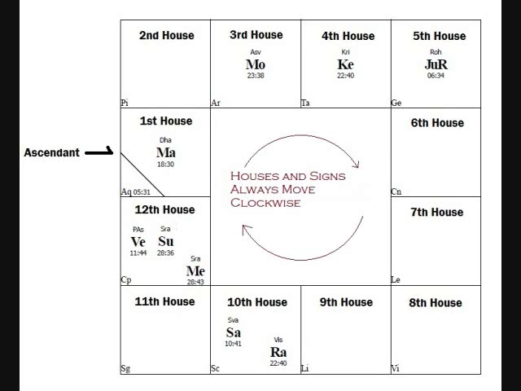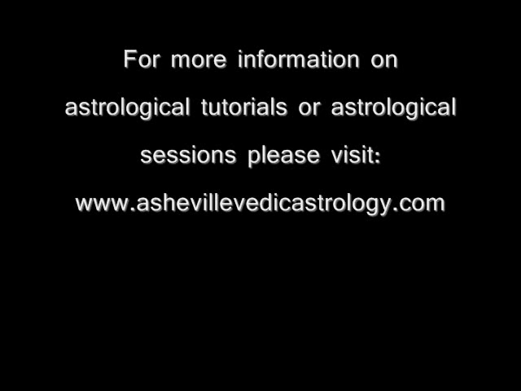To review, the ascendant will be indicated by a slash through the sign which the ascendant occupies. The sign that the ascendant occupies becomes the first house, and then we go clockwise around the chart. The second house would be the next sign, the third house would be the following sign, and so on in a clockwise direction.